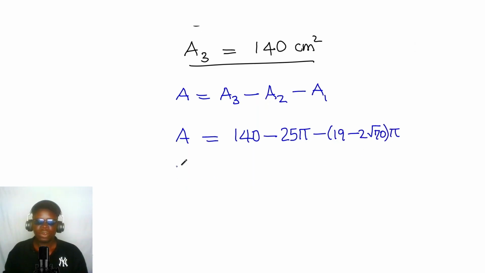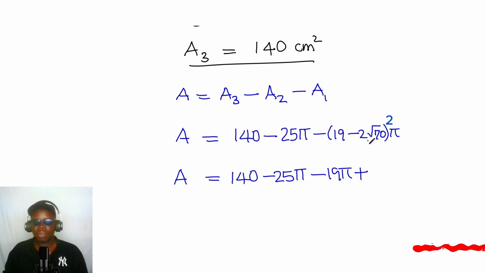Now we can move on and simplify this to something a little bit simpler. By opening up this bracket first, we'll have 140 minus 25 pi. Then negative times positive is negative, so we have 19, and again, we're opening this with pi, so we'll have pi attached there. So negative and negative goes to positive, and we have here 2 root 70, also pi.